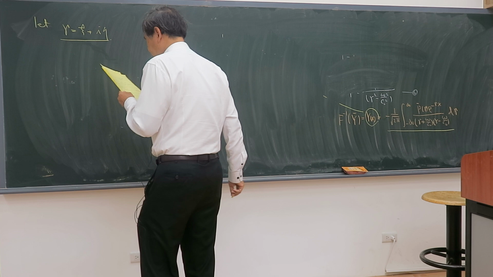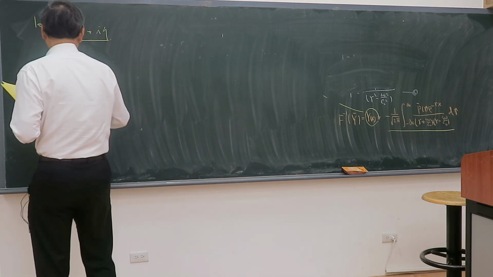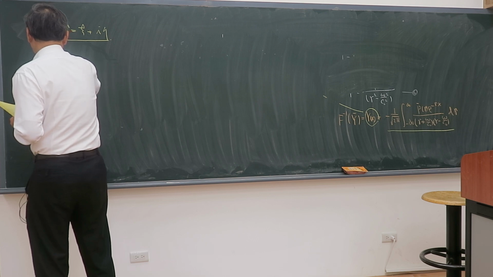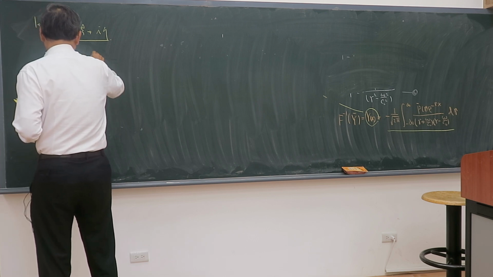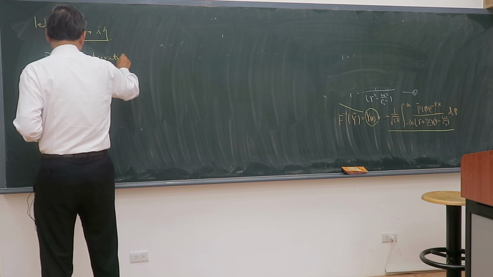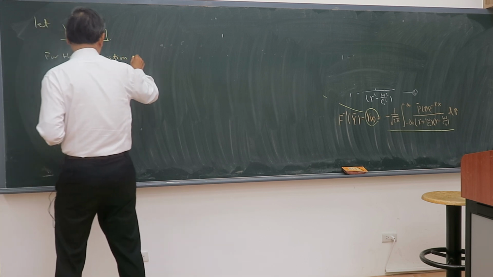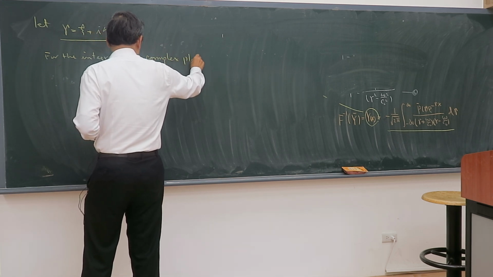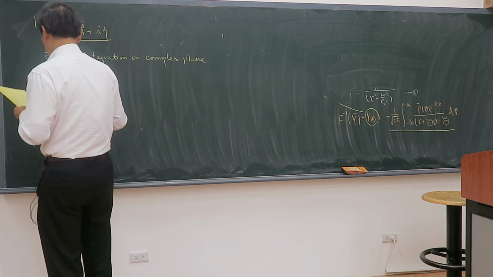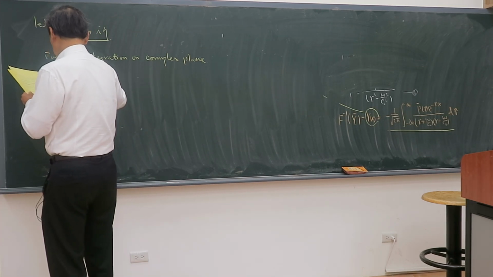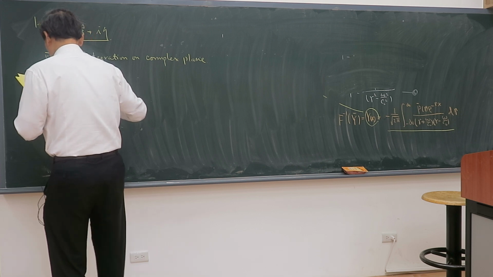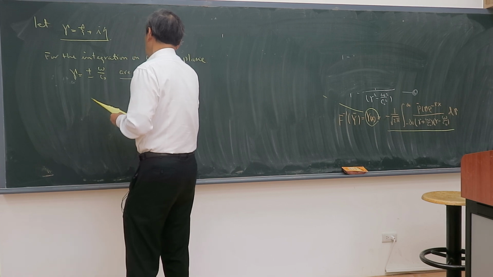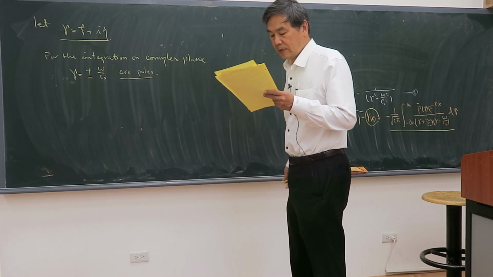Okay, yeah. Then for the integration on the complex plane, gamma equal to plus or minus omega over c0 are poles. Okay, poles, single points. Yeah.